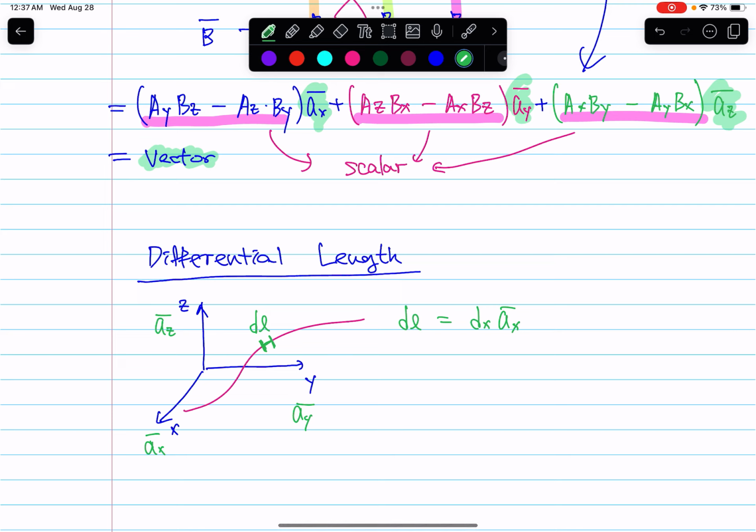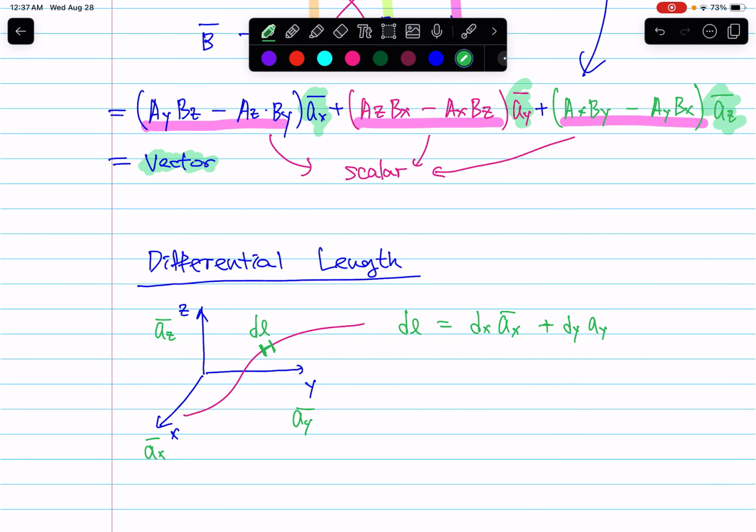And there will be a y contribution too, so dy, a tiny bit in the y direction, multiplied by ay, and dz, a tiny bit in the z direction, multiplied by unit vector az. Okay, so this is how you express this arbitrary line.